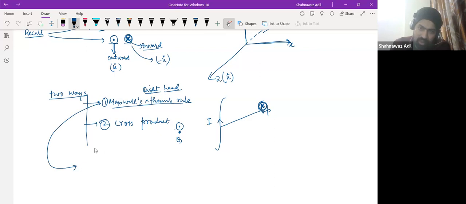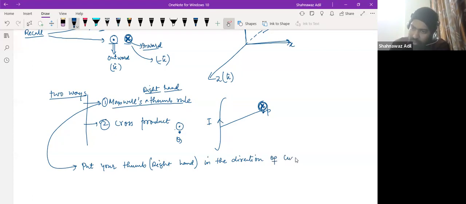How we should put your thumb, and I should write, right, in the direction of current, then curl the rest of the fingers.